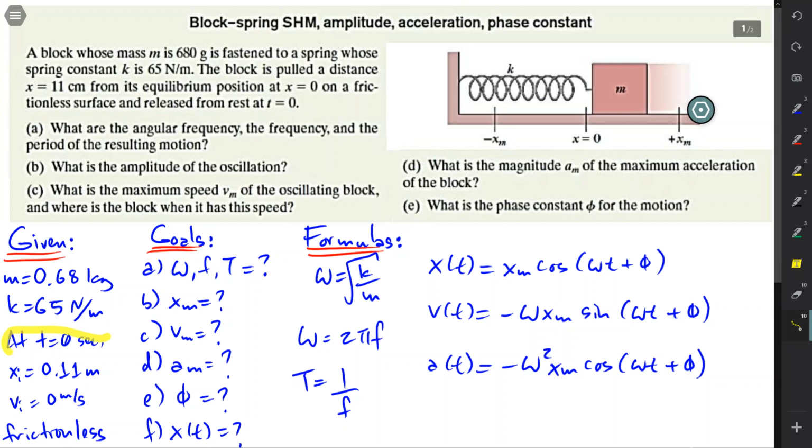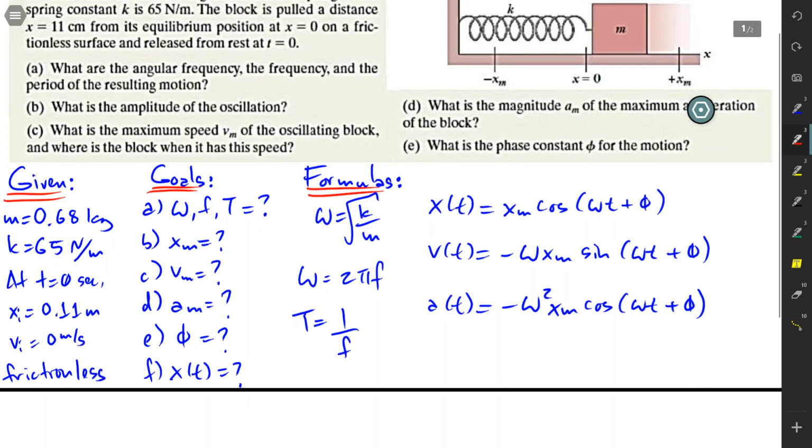And at t equals 0, the initial displacement, which will end up being the amplitude of the simple harmonic motion, is 0.11 meters, starting from rest on a frictionless surface, which means there is no damping. I'll make a note there in red. There we go. No damping.